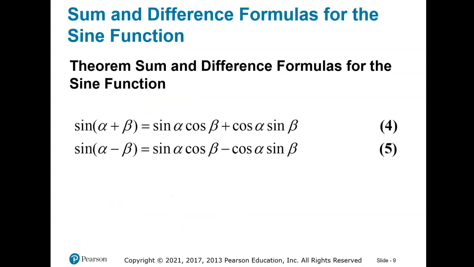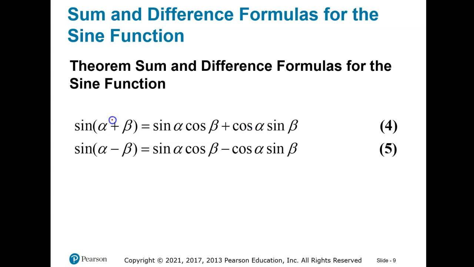All right, now when our sum or difference is inside the sine function, it's a little different. Instead of it being cosine, cosine, sine, sine, it is now either a sine and a cosine together, or cosine and sine together. So now it's the sine of one angle and the cosine of the other. The cosine, we switch. Now sine had alpha, now cosine has alpha. Cosine had beta, now sine has beta. So instead of cosine, cosine, sine, sine, now it's sine, cosine, cosine, sine.